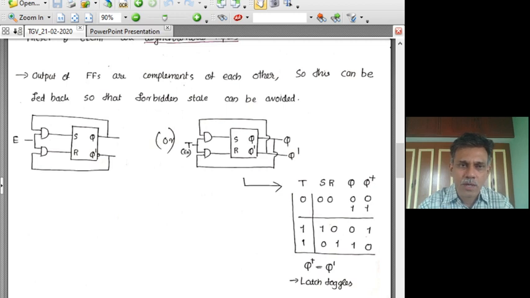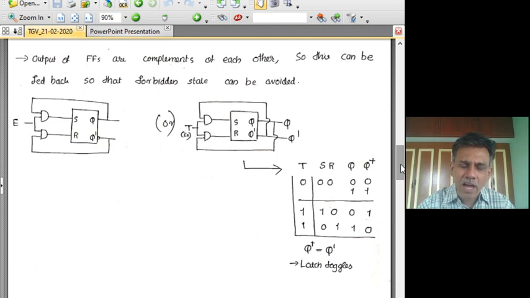So that explains why we use the T symbol for this enable input of a T latch. Now let's carefully look at how this circuit will behave when this T input has been made 1 for an extended duration.